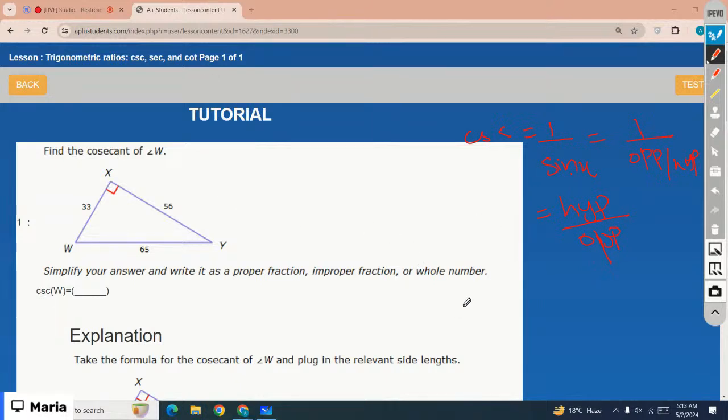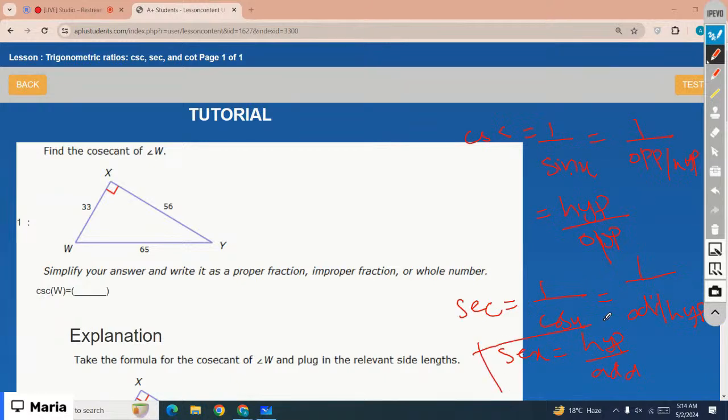Same is secant. Secant is the reciprocal of cos, and cos is adjacent divided by hypotenuse. So secant is hypotenuse divided by adjacent.